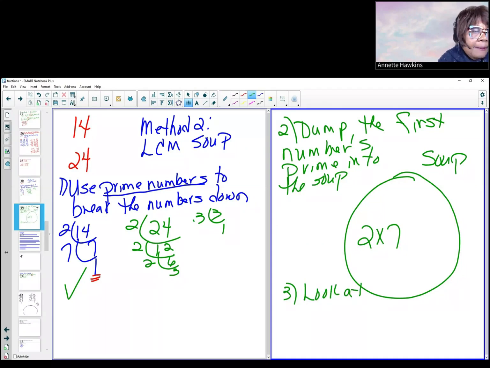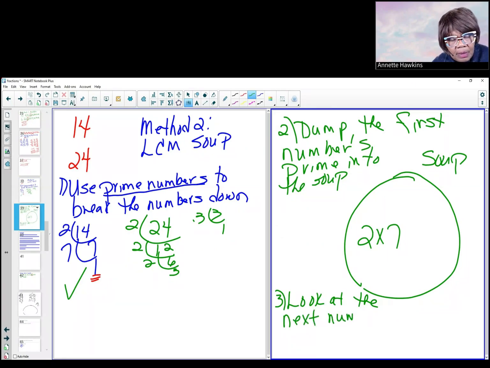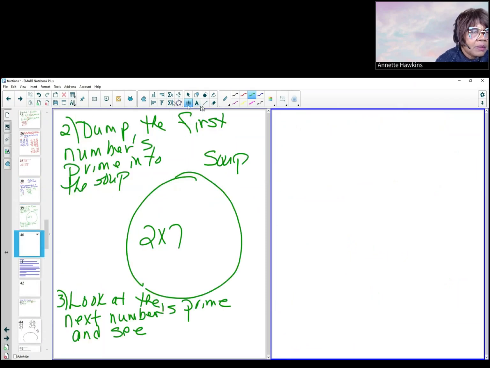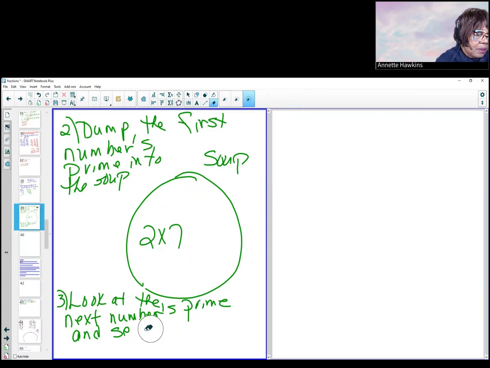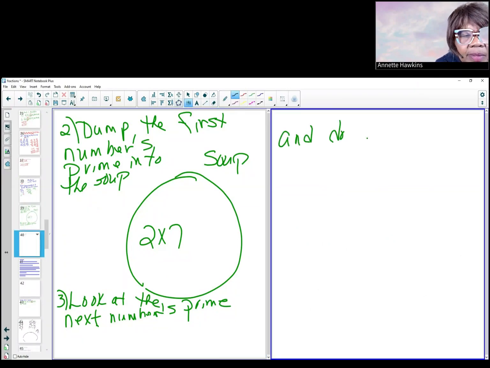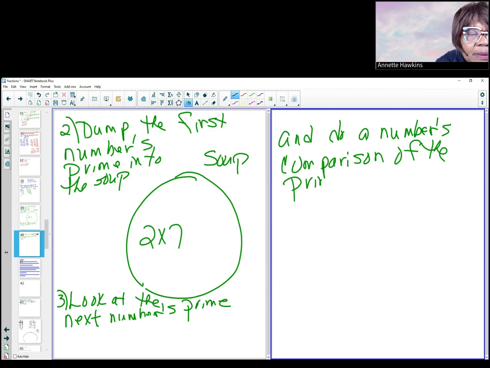Look at the next number's primes and do a numbers comparison of the primes in the soup. Now, what do I mean by numbers comparison?